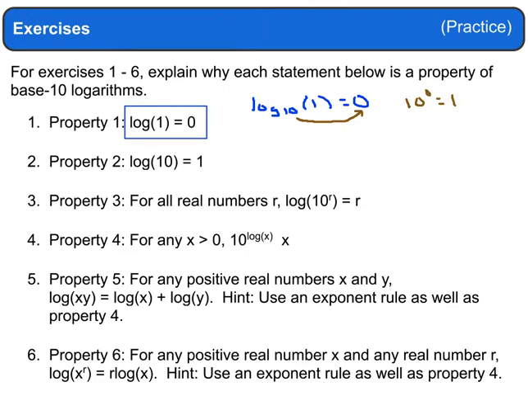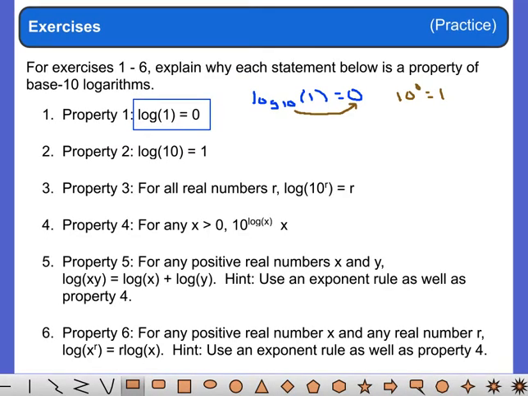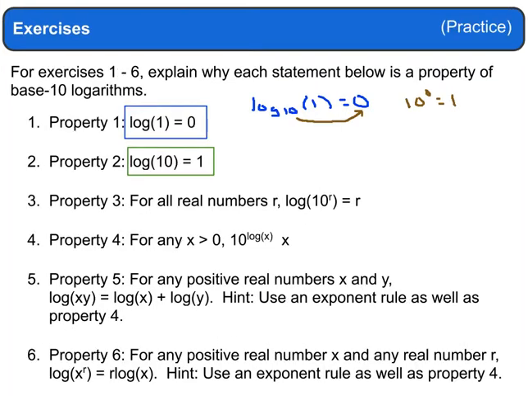That's what sets that one apart. The next rule says log base 10 of 10 is 1. Same idea: if we had log base 10 of 10, that would equal 1, because 10 to the 1st power is equal to 10.